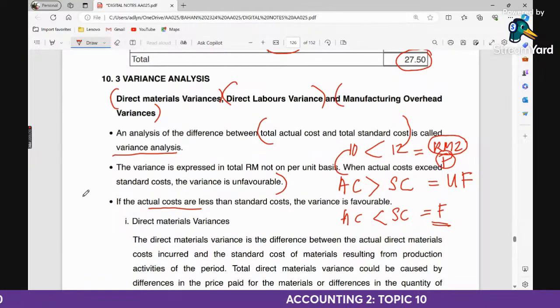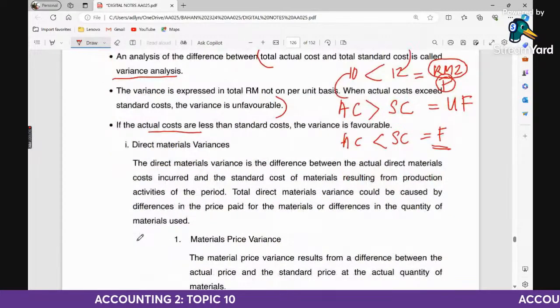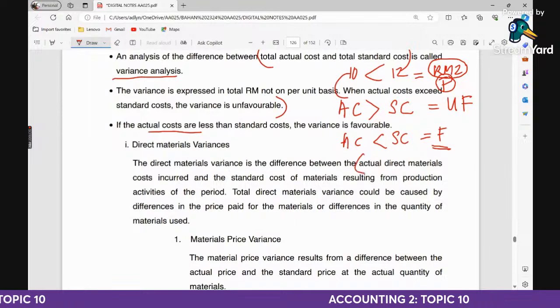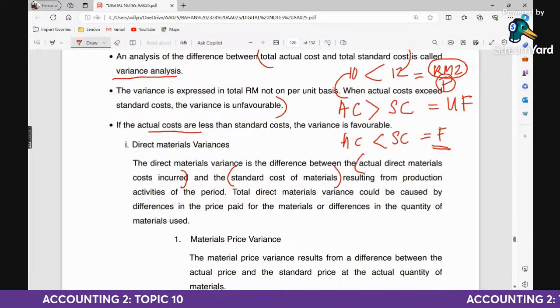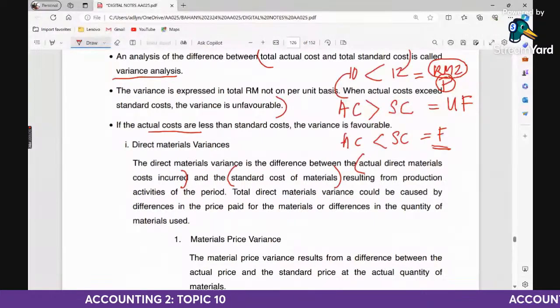Okay, alright, so we look at direct material variance. Okay, direct material variance ni ialah beza antara actual direct material cost incurred dengan the standard cost of material. Okay, maksudnya cost sebenar yang kita guna dalam pengeluaran dibandingkan dengan standard cost of material. So resulting from production activities of the period.